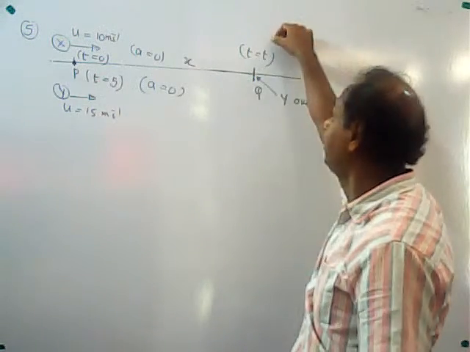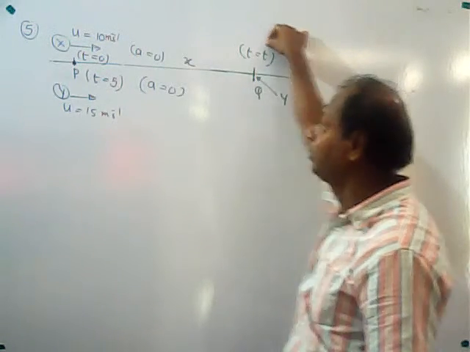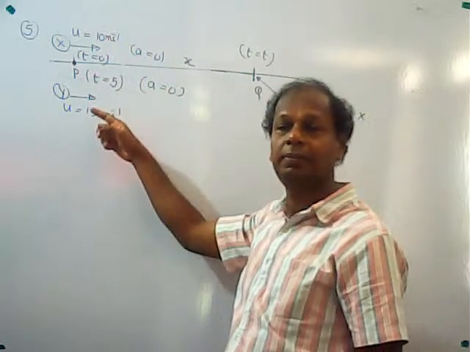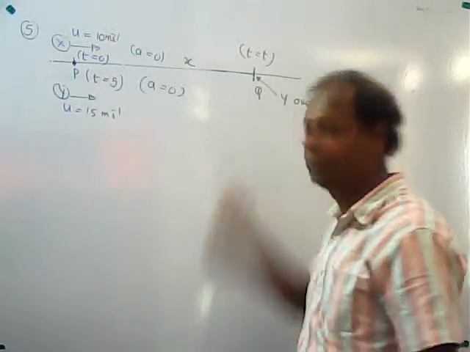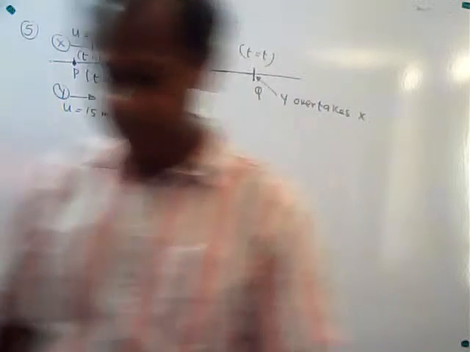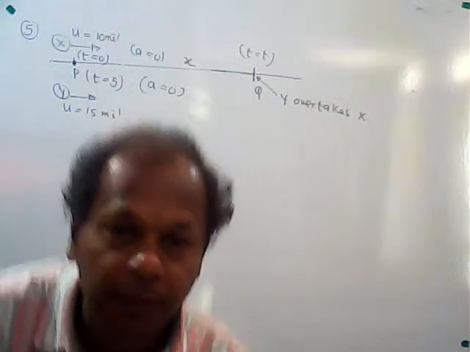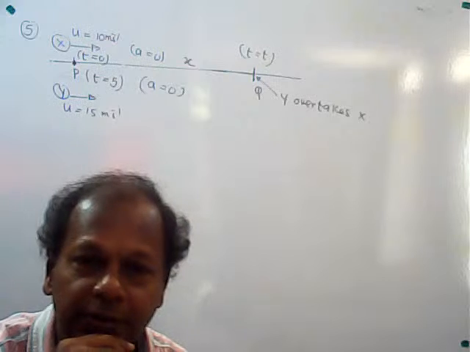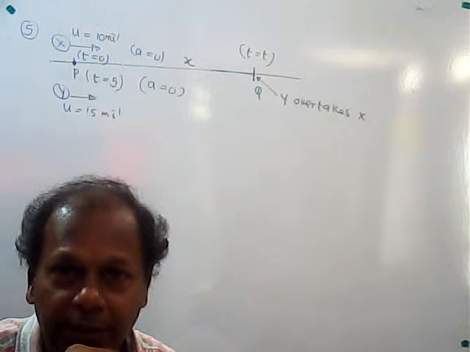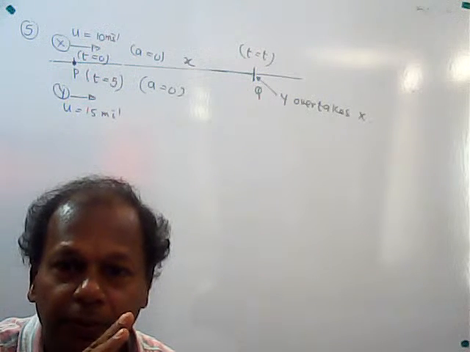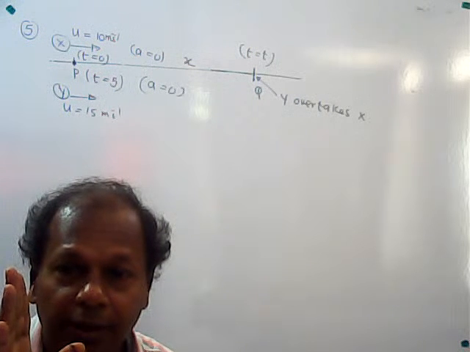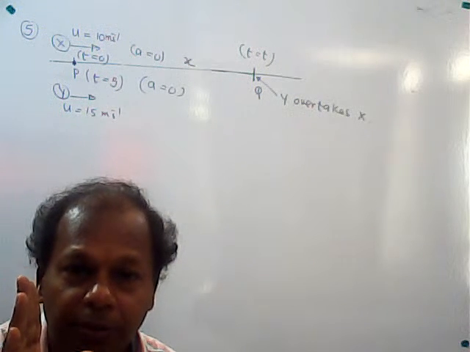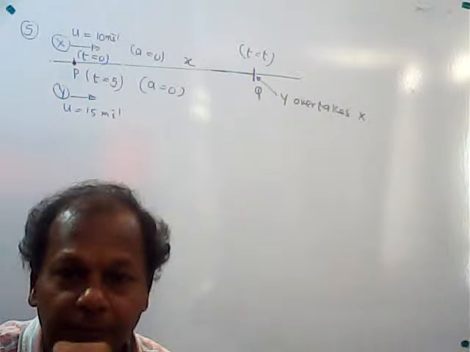If we take it as simple t for the first vehicle X, then what is the time for Y to travel from P to Q, the same distance? Everyone try to answer.